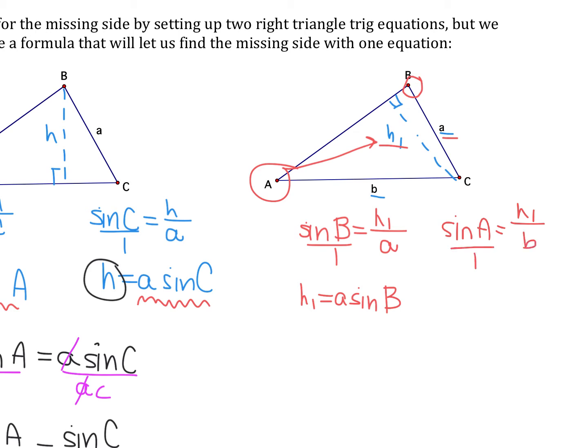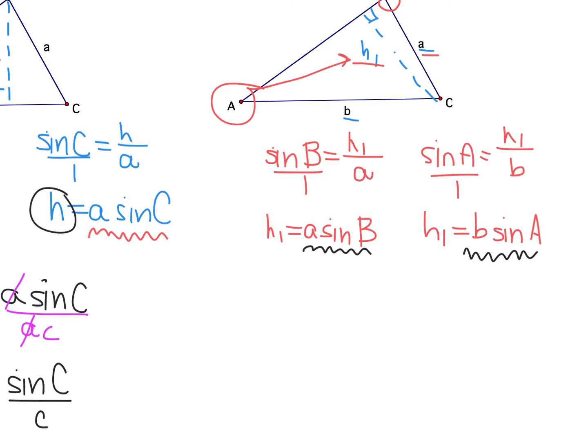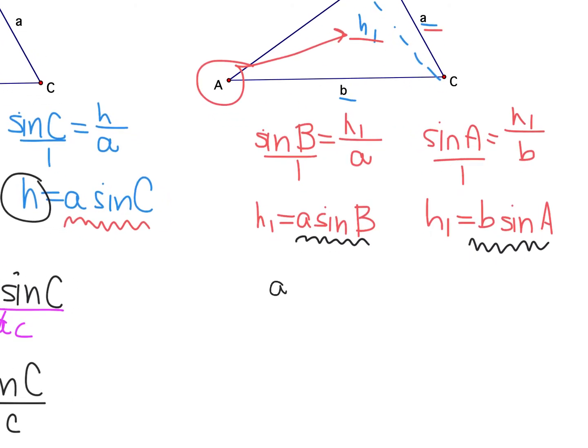Put that over 1 and let's cross multiply. h1 is going to equal b times the sine of A. All right, so hopefully you notice, just like before, both of these h1s, which is the same segment, the height in that triangle, is equal to two different things, a sine of B, b sine of A. If h1 is equal to both of those, then they have to equal each other, so a times the sine of B equals b times the sine of A.